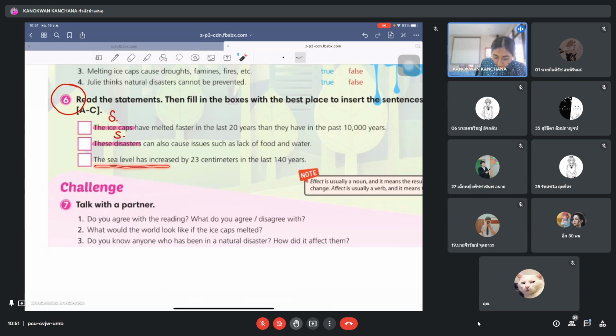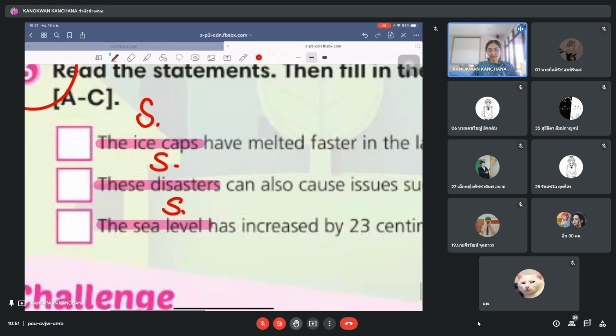Okay, so we'll move to this one. The sea level has increased by 23 centimeters in the last 140 years. Again, everyone, the sea level is the subject of the sentence.